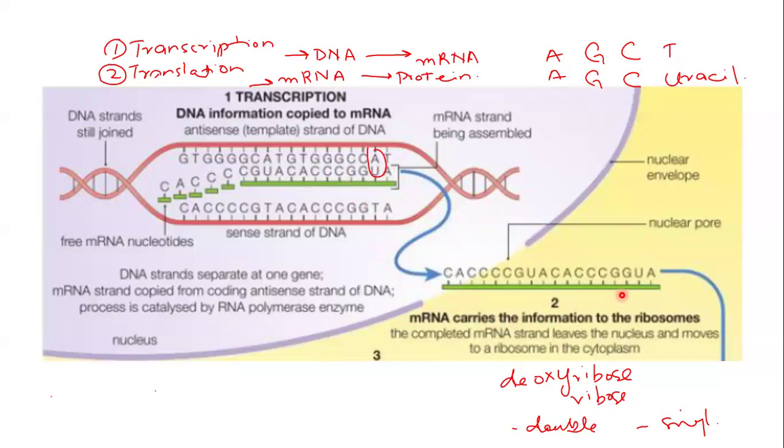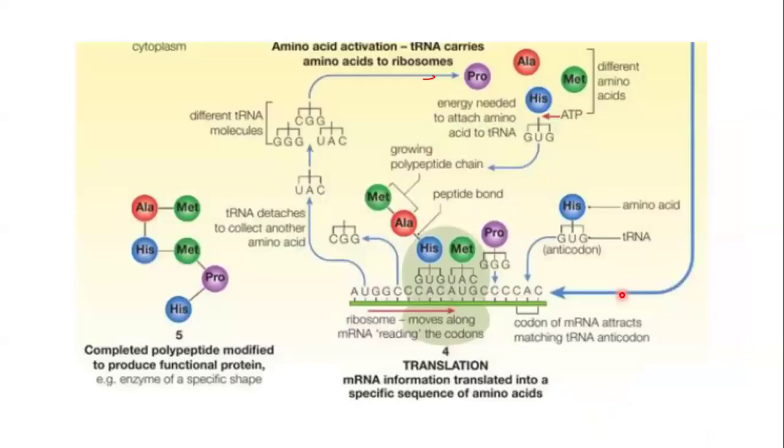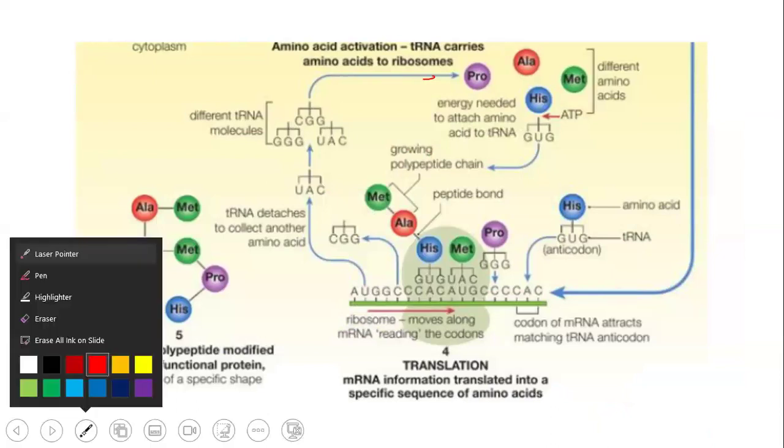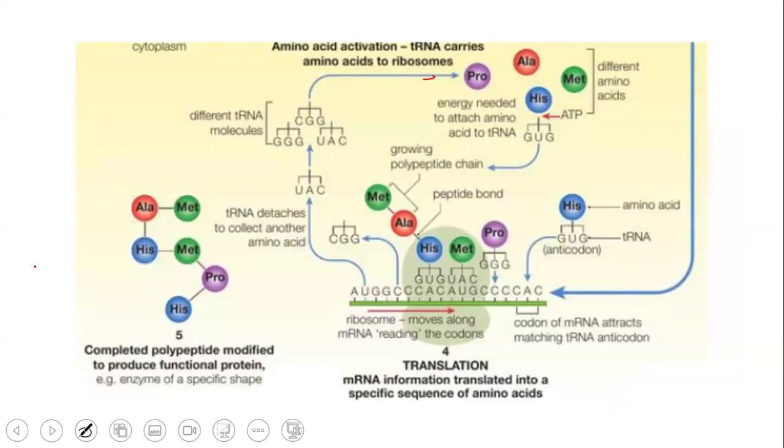Now that the RNA is in the cytoplasm, the process of protein synthesis can begin. To make proteins, I require 2 types of molecules. You require ribosomes, which I'm sure you must have studied, right?